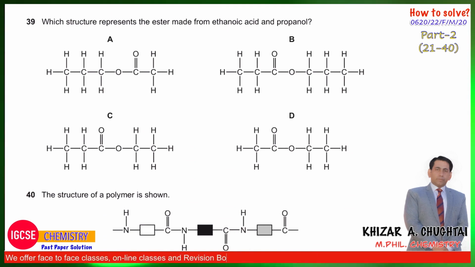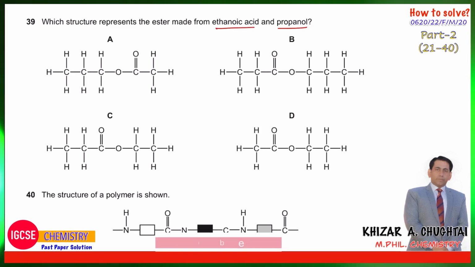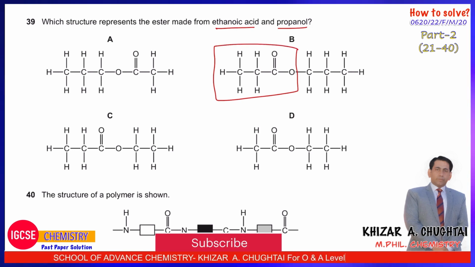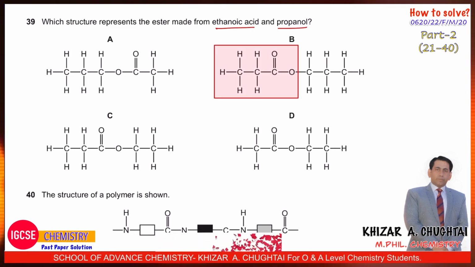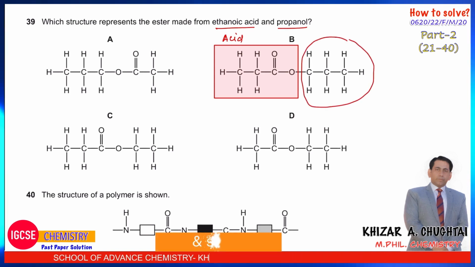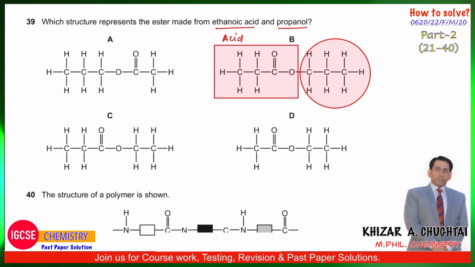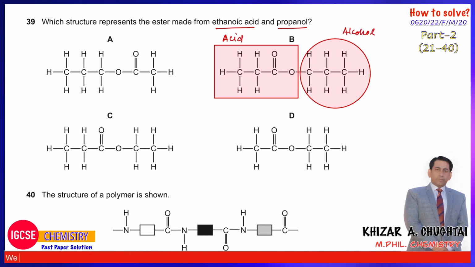39. Which structure represents the ester made from ethanoic acid and propanol? Ethanoic acid and propanol. Basically, this portion is taken from the acid, and this portion, which has no oxygen, is coming from the alcohol. Same as the case here.